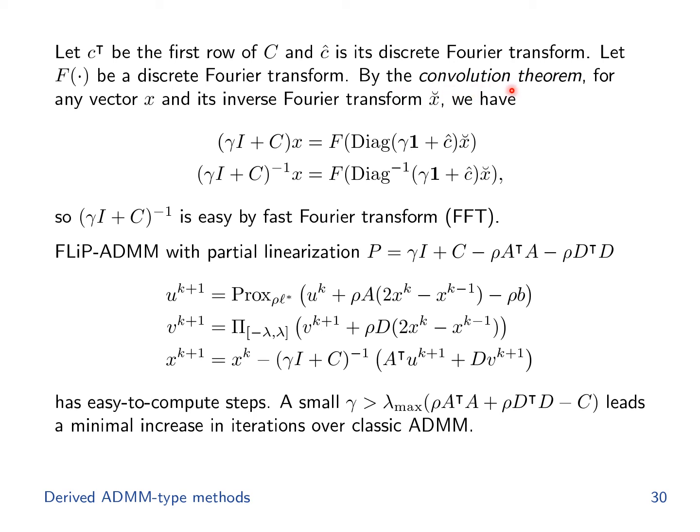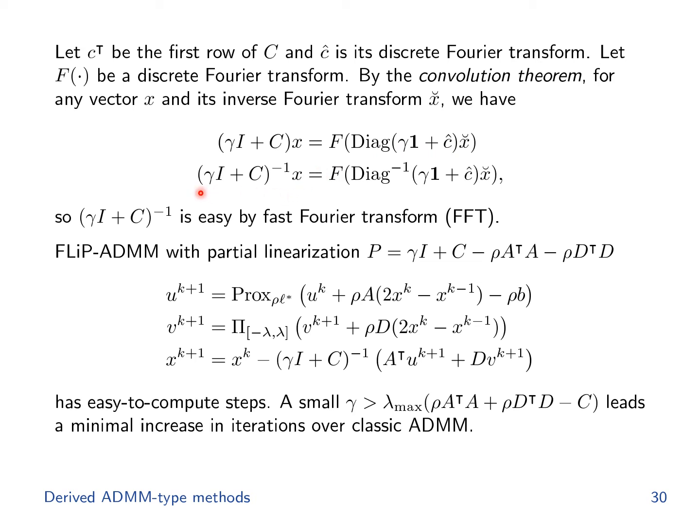By the convolution theorem, for any vector x, we can multiply this matrix to x by first computing the inverse Fourier transform of x, multiplied by this diagonal matrix, which is equivalent to component-wise multiplying x hat with this vector. So this costs O(n), and then apply this Fourier transform. And fast Fourier transform only costs n log n. So while in general this calculation can cost n squared, the calculation on the right-hand side only costs n log n.